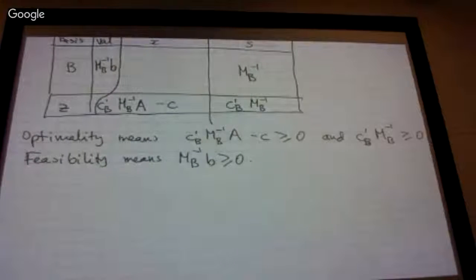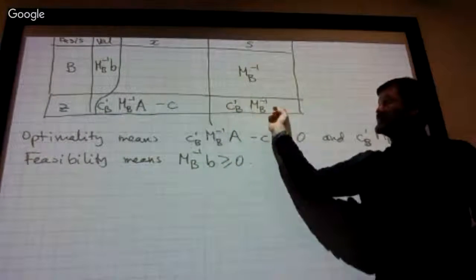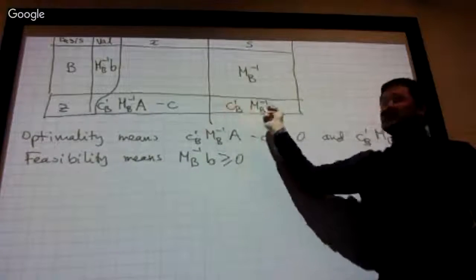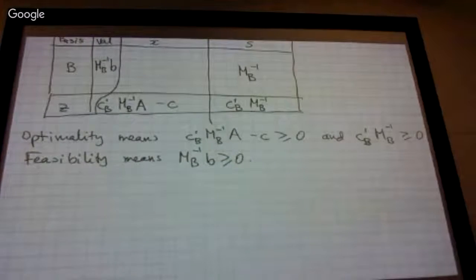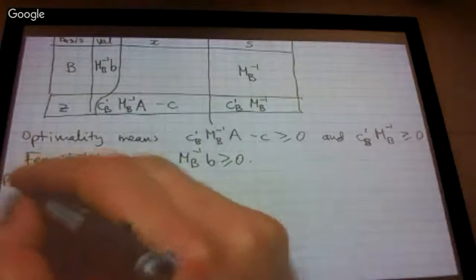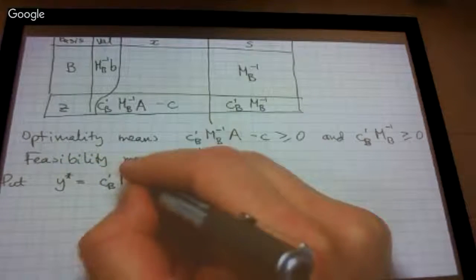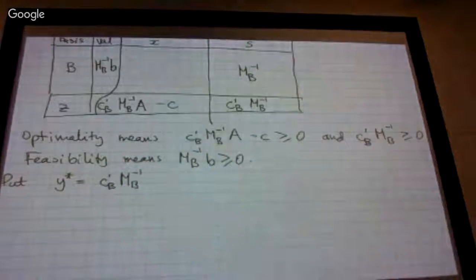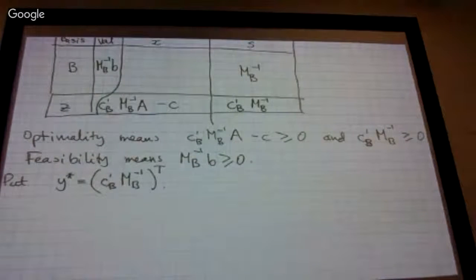What I will try to prove is that the optimal solution of the dual problem is what we find here in this portion. So let's take y star, which is going to be this, except we don't want a row vector, so we want the row vector transposed, which is going to give us a column vector, because we want the column vector to be the optimal solution to the dual.